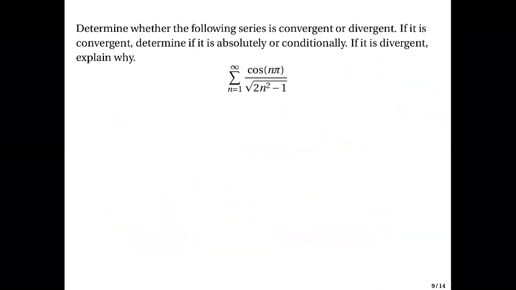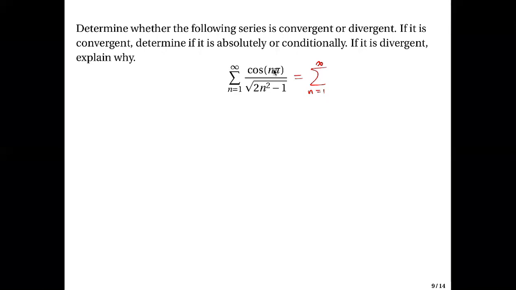Next problem. Determine whether the following series is convergent or divergent. If it is convergent, determine if it is absolutely or conditionally convergent. If it is divergent, explain why. So first, we can rewrite this as the series from n equals 1 to plus infinity of cosine n pi, where n is an integer running from 1 up to plus infinity.